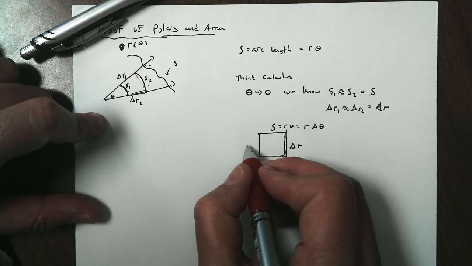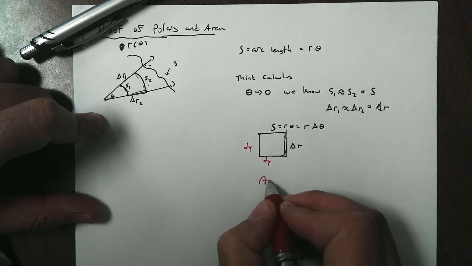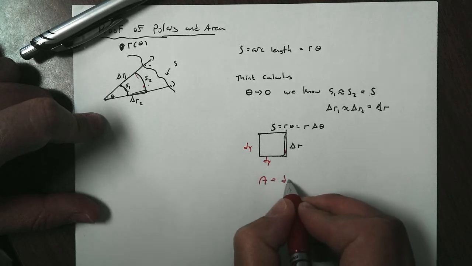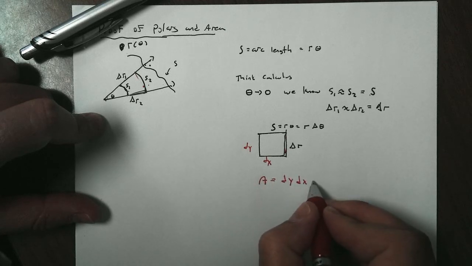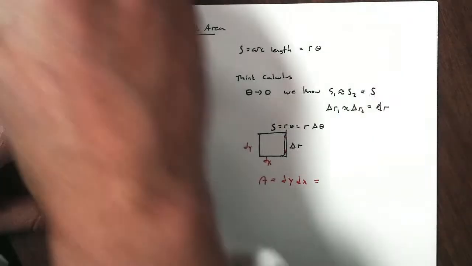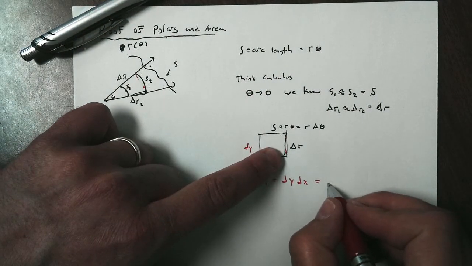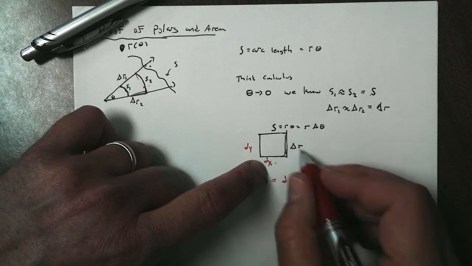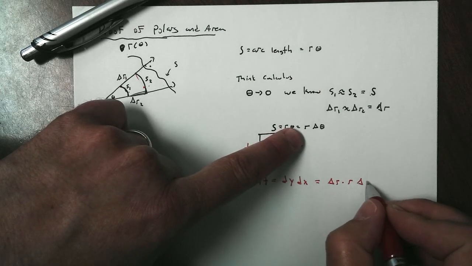Now we know from earlier that if I want to find the area of my rectangle, it's going to be dy dx. Well, what did we say dy is? We call that delta r. And dx is r delta theta.